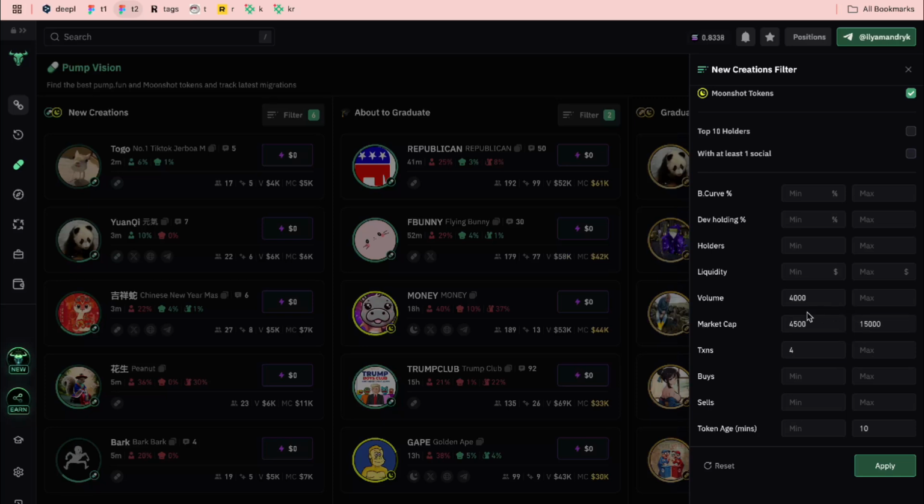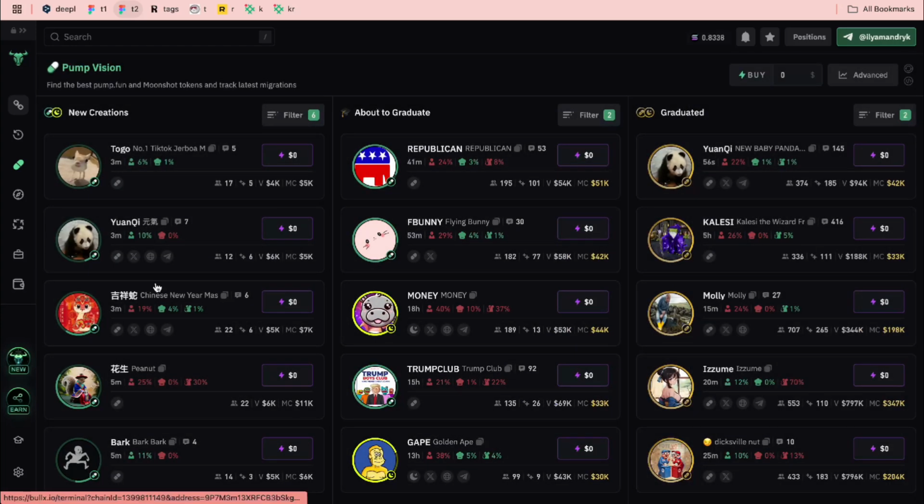As for me, it's really important to see tokens with these filters, because I think they have a higher potential. Also, we can add transactions, at least 4 for example, and token age less than 10 minutes. So I try to find new tokens which have a higher potential, and as for me it's definitely the best variant to trade with.